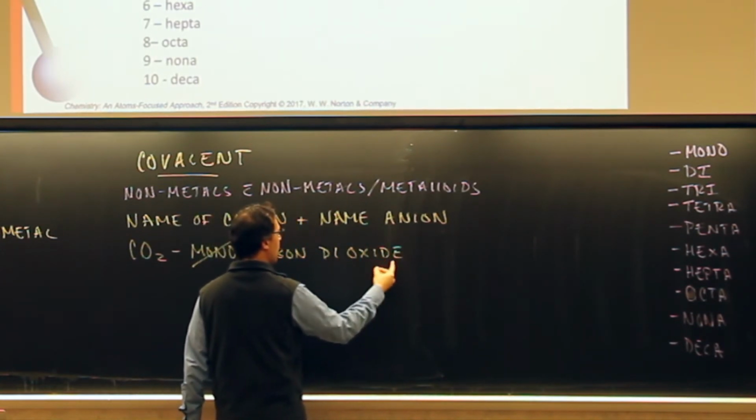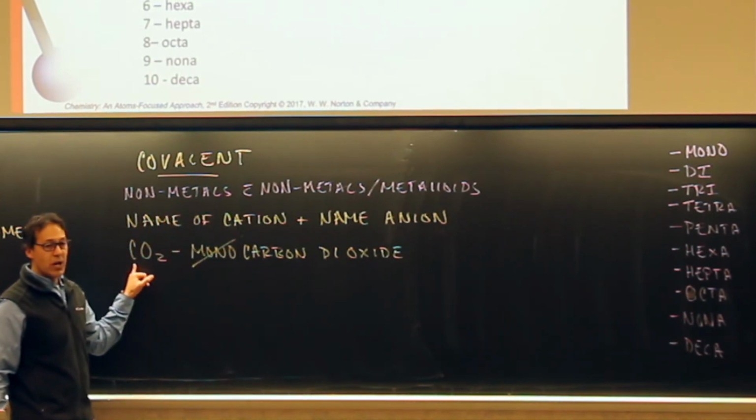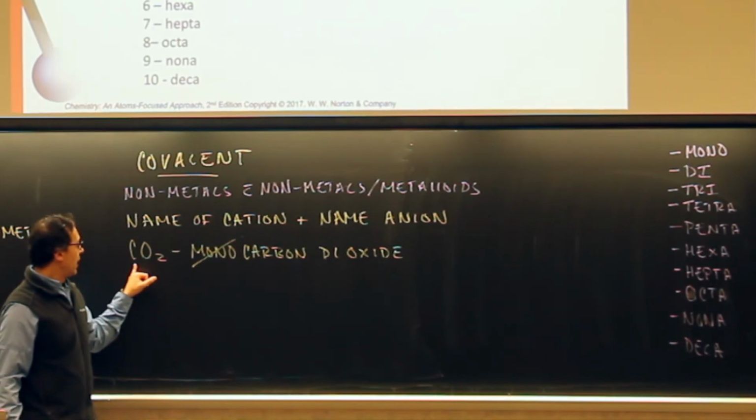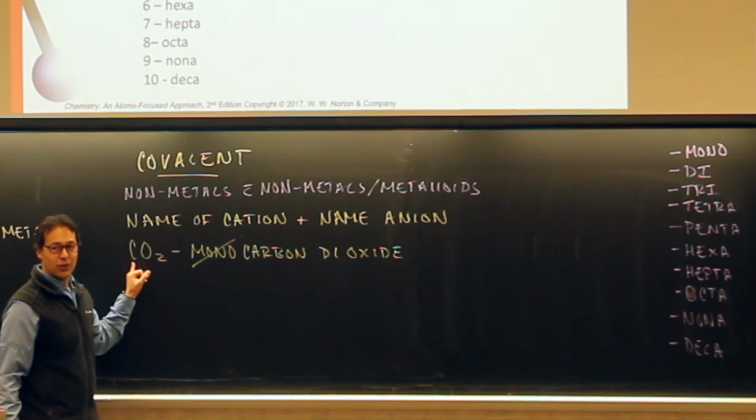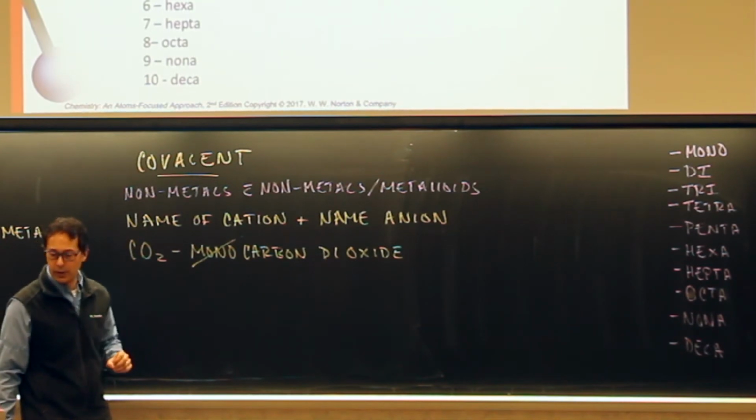Change the ending to -ide, di because there's two oxygens. So if you only have one of the first element in the front, then we don't put the Greek prefix in front of it. And you've heard of carbon dioxide, right? So we should remember that one.